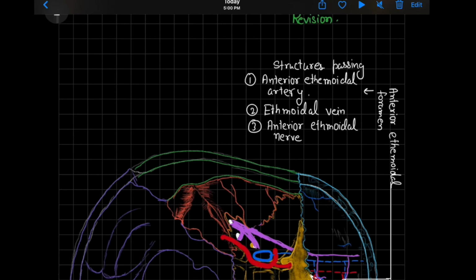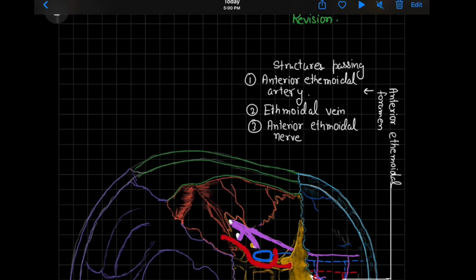This artery supplies blood to anterior ethmoidal cells, frontal sinus, dura mater, and nasal cavity and septum, while the ethmoidal vein drains blood from roof of upper medial and lateral wall of the nasal cavity, ethmoidal air sinus, dorsum of the nose, dura mater of anterior cranial fossa, and last, anterior ethmoidal nerve.